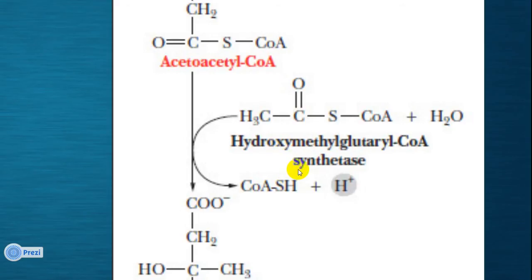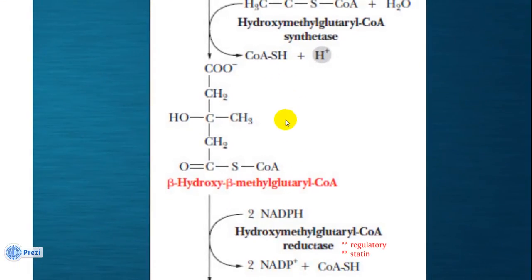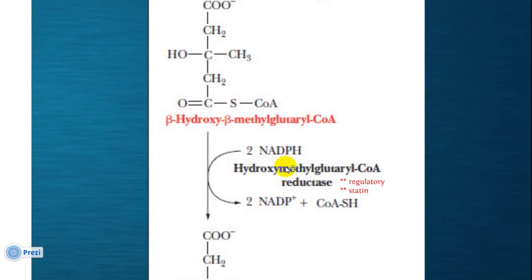We said that synthetase is a type of enzyme that can make a new bond, but it needs energy. The energy for this enzyme will come from the coenzyme A. After reacting with this enzyme, we will have a compound called hydroxymethylglutaryl-CoA. This compound will react with an enzyme called hydroxymethylglutaryl-CoA reductase.